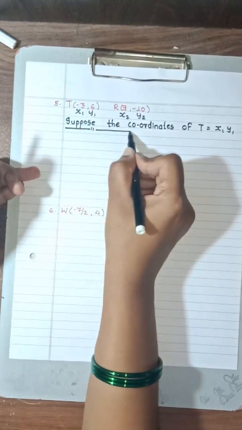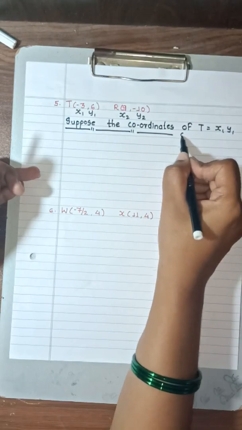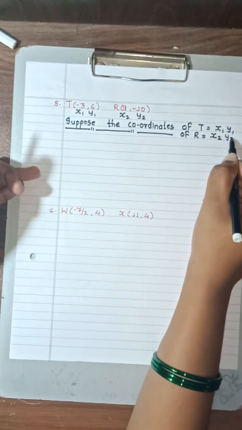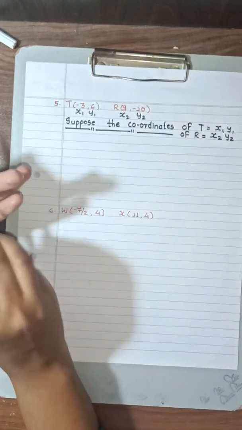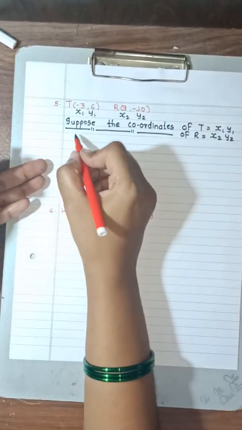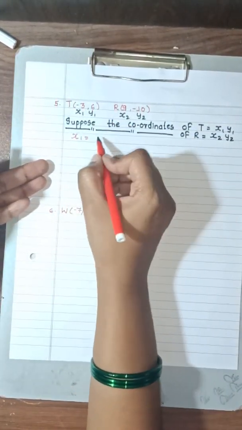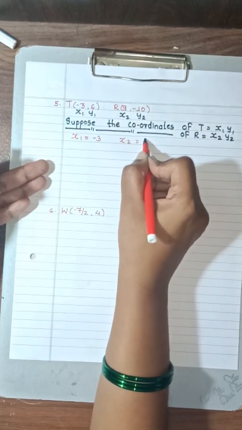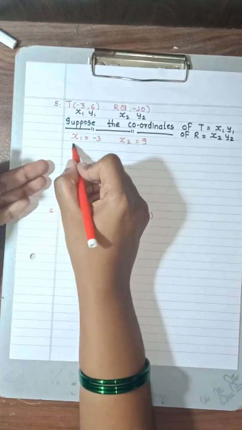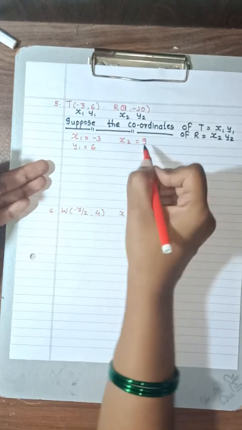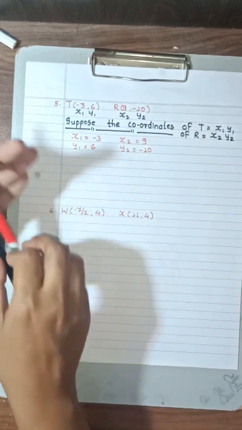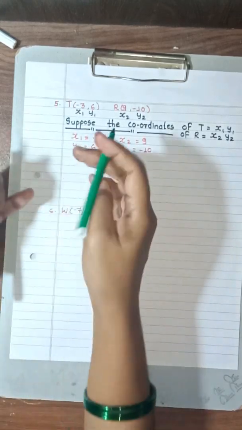In the same way, suppose the coordinates of R is equal to x2, y2. Okay, now we'll write down in detail here. x1 is equal to minus 3, x2 is equal to 9. Then y1 is equal to 6 and y2 is equal to minus 10. Therefore, we'll write down here distance formula.